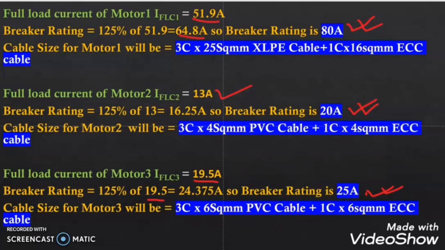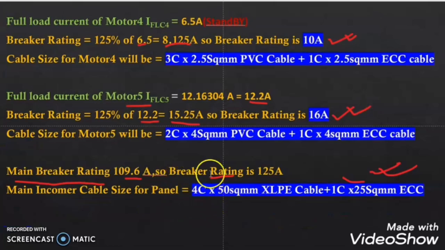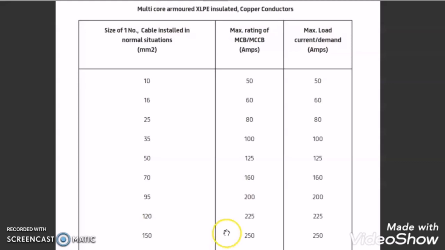I will directly jump to the main incomer breaker size, that is 125 ampere, and accordingly I will select the cable size from our local regulation. In my case it is the DEWA regulation. So our calculated breaker rating is 125 ampere. So our cable will be a 50 square mm, multi-core XLPE type cable.